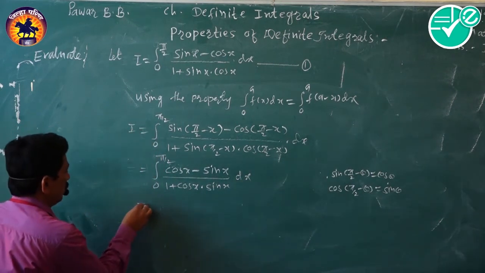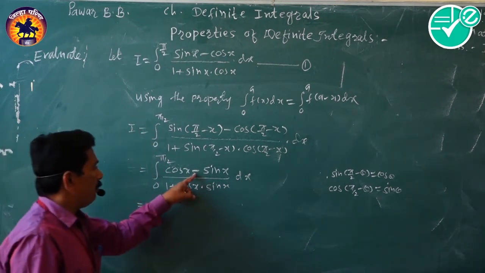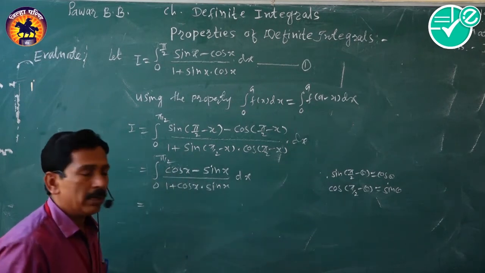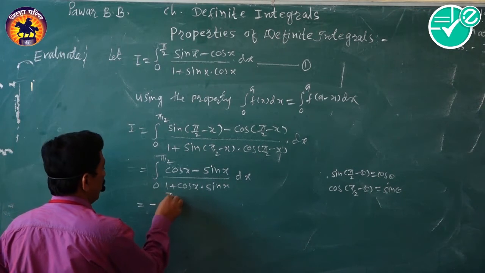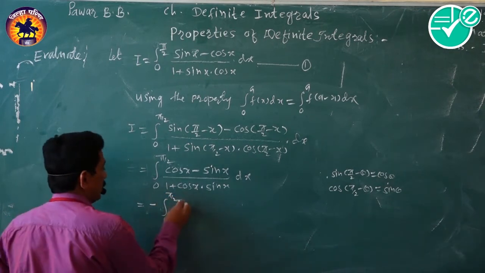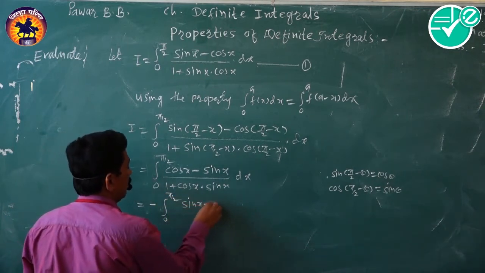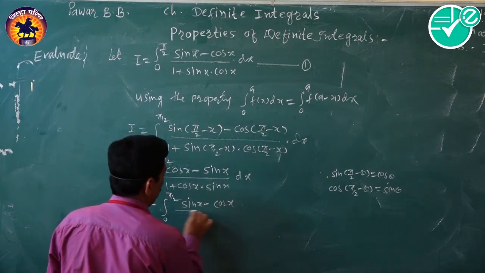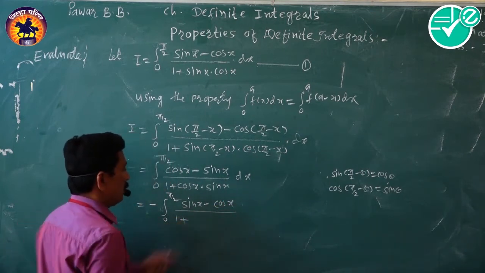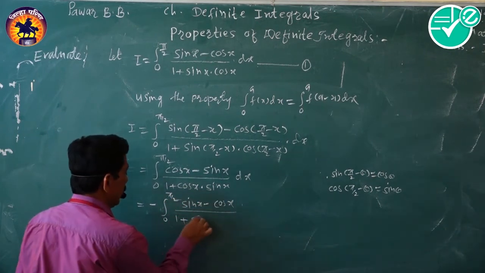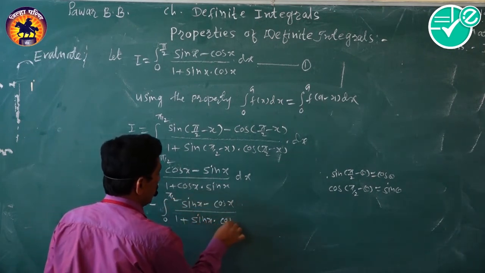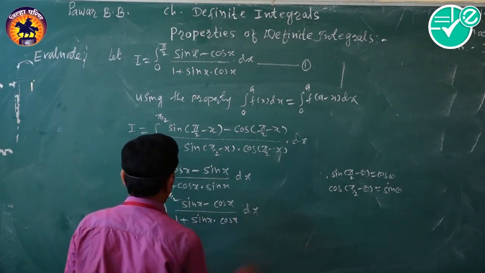Or this is equal to, now taking the minus sign common, this will give us minus of integration from 0 to pi by 2 of sin x minus cos x divided by 1 plus, we write this sin x first and cos x after that, that is sin x into cos x into dx.